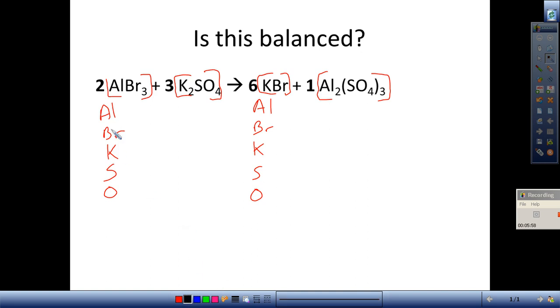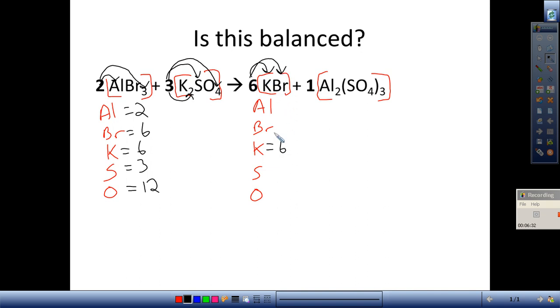All right, so now let's figure out what I got. Well, I got 2 aluminums there. I have 2 times 3 bromines. Right here I have 3 times 2 Ks, 6 potassiums. I have 3 times my sulfur. And I have 3 times 4, 12 oxygens. Do the same thing over here. I have 6 Ks.